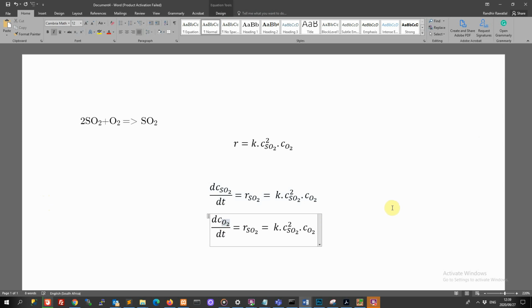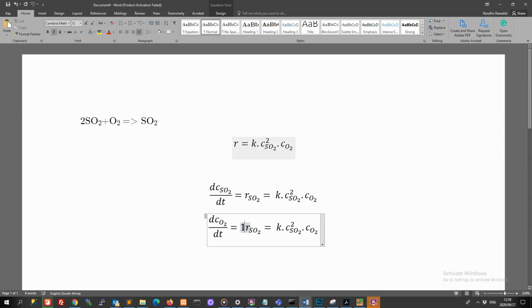dCO2/dt. And let's say we don't want to reevaluate this reaction rate. So we have our SO2, and we can say O2 is consumed half as fast as SO2.